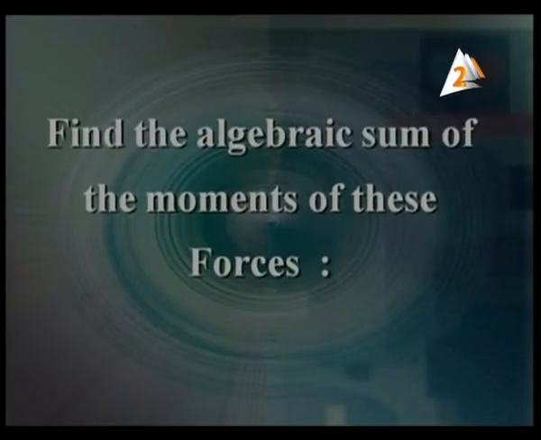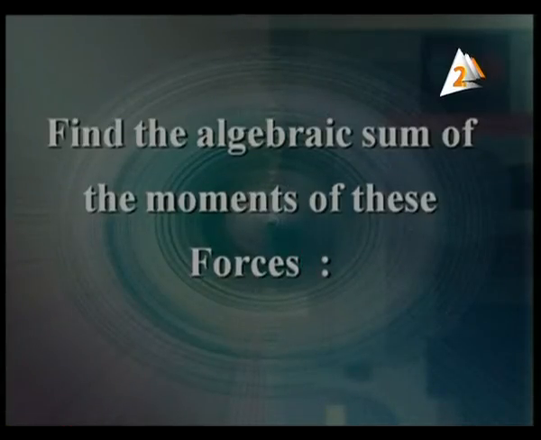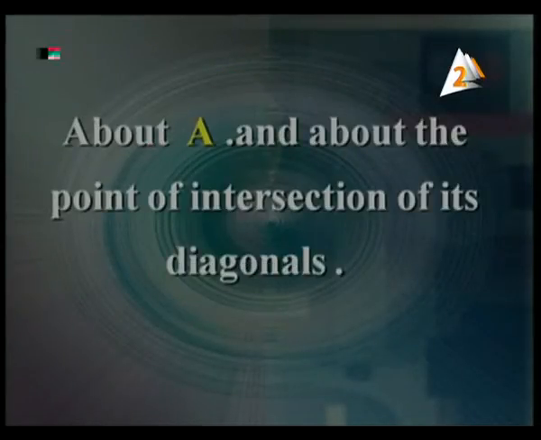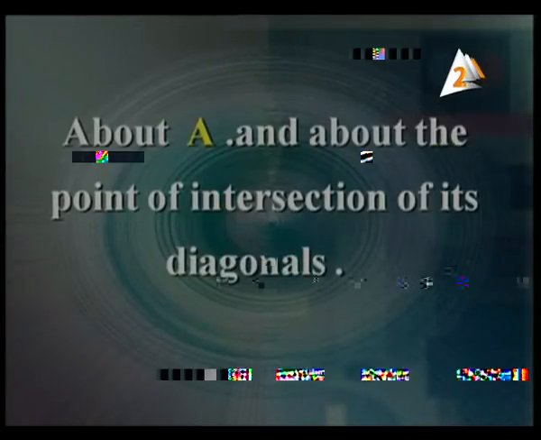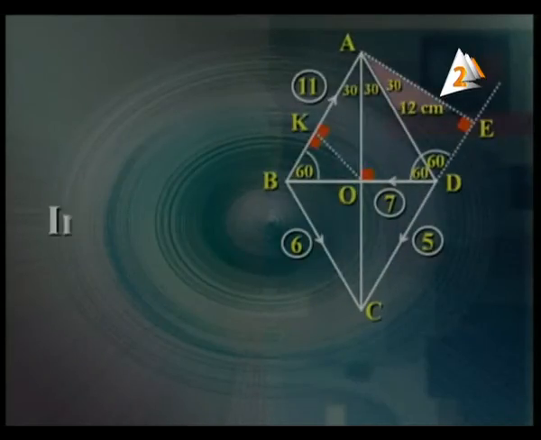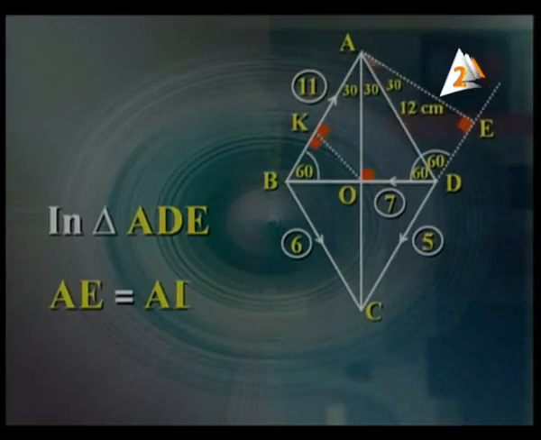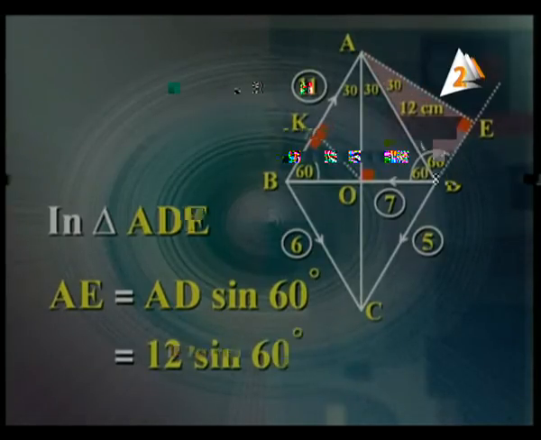its diagonals. From the figure, we notice that in triangle ADE, AE equals AD sine 60, or 6 root 3 centimeter. Also, we say AO equals 6 root 3 centimeter.